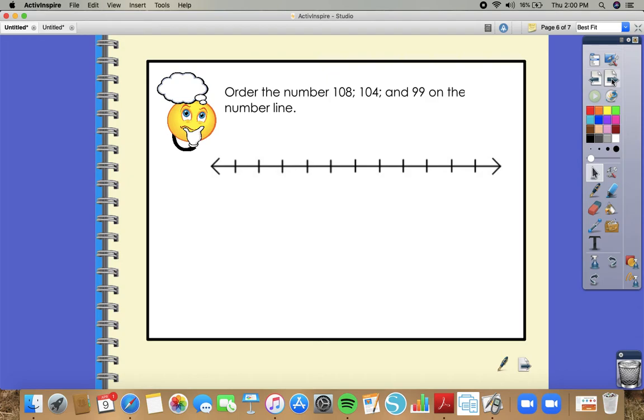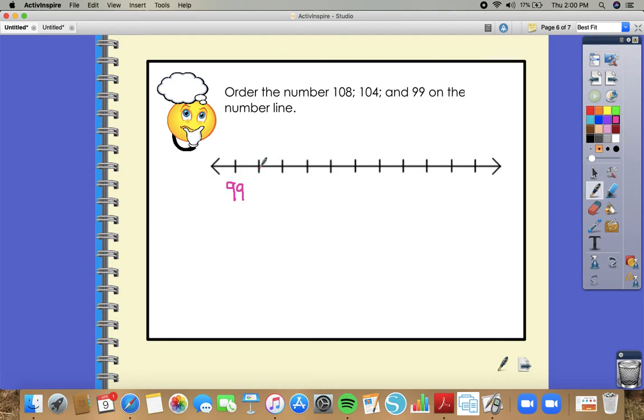Alright, so now we're going to order these numbers on the number line. We're going to start with our smallest number. Which of these is our smallest number? 108, 104, or 99? You're right, 99. So what would be our next number?